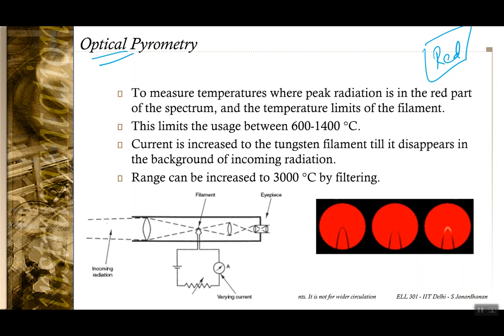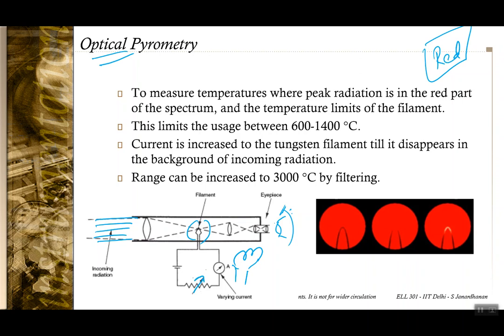So you have an incoming radiation coming into this setup, and you have an eyepiece from which an observer is able to see and compare, and there is a bulb here whose filament temperature is being adjusted by an adjustable rheostat.